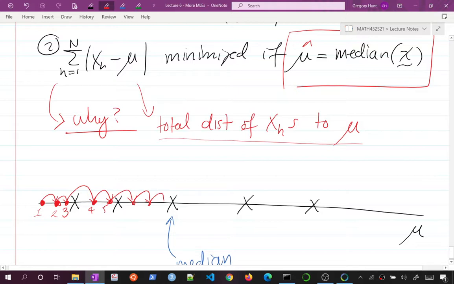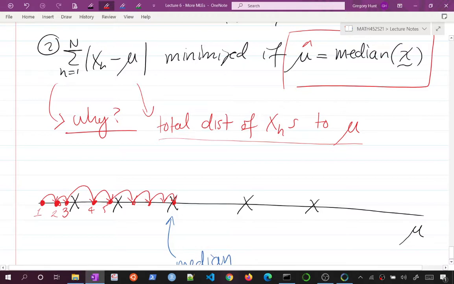And I can keep playing this game until I jump and hit my median. At which point, when I hit my median, if I were to move anywhere to the right now, I would increase the distance to more points than I decrease it to, by the definition of the median. And so I would not be minimizing it. So basically, I jumped over and I found the point that minimizes it.